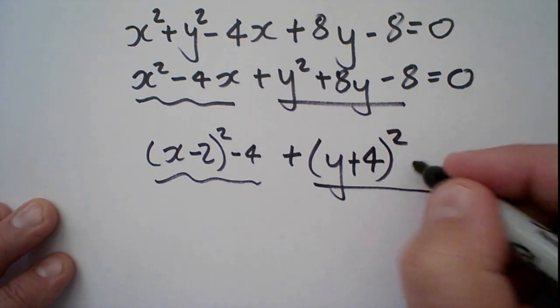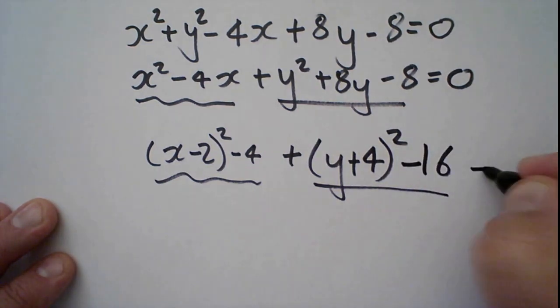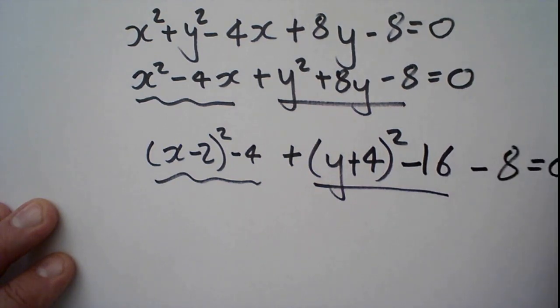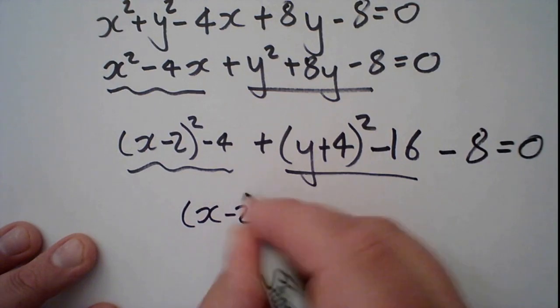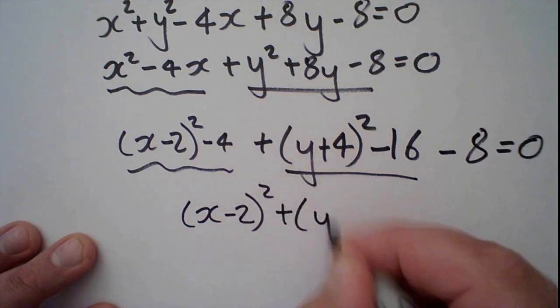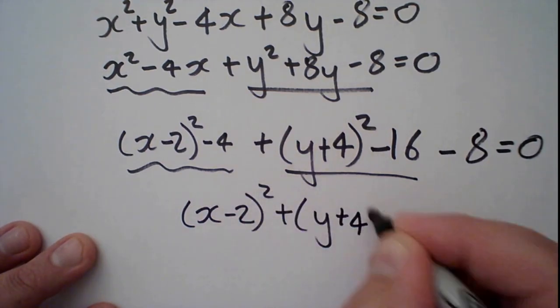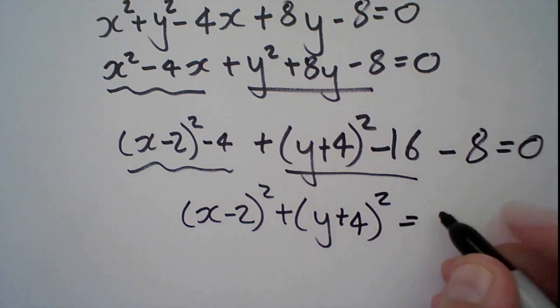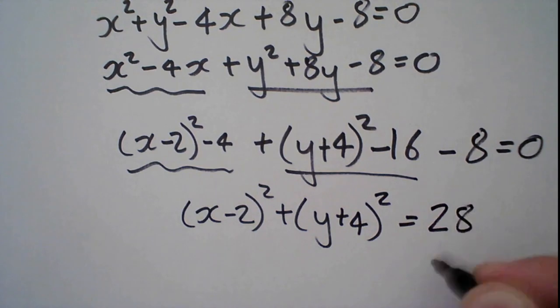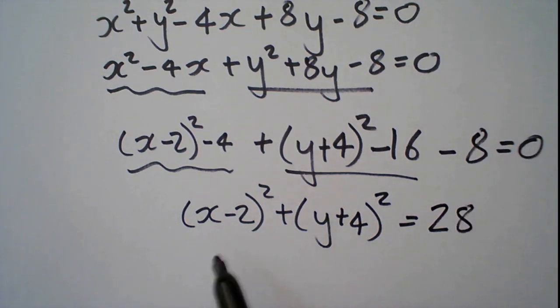It's not quite equivalent yet, so put minus 16 and finish that off. That does give you, of course, (x minus 2) squared plus (y plus 4) squared equals 28. That gives you a radius of root 28, and obviously the centre is (2, minus 4).